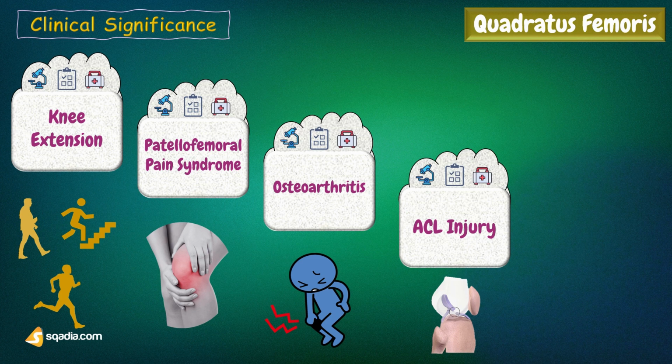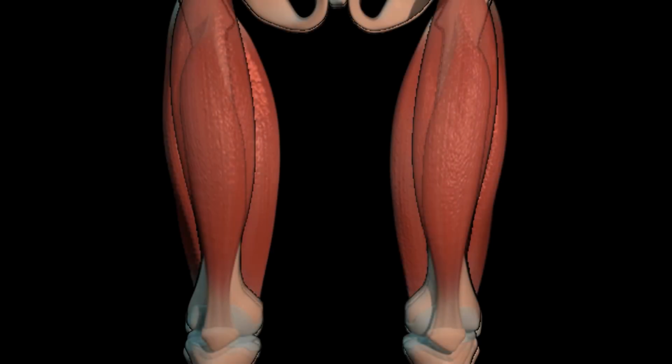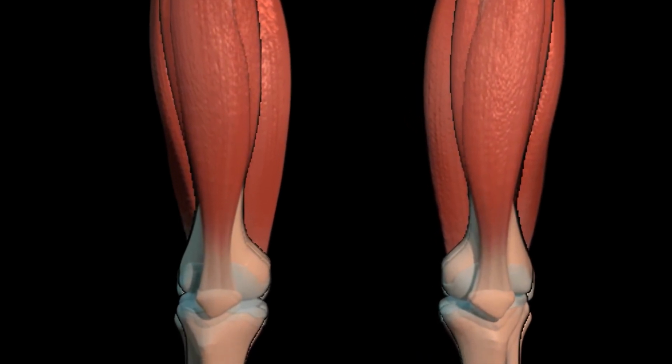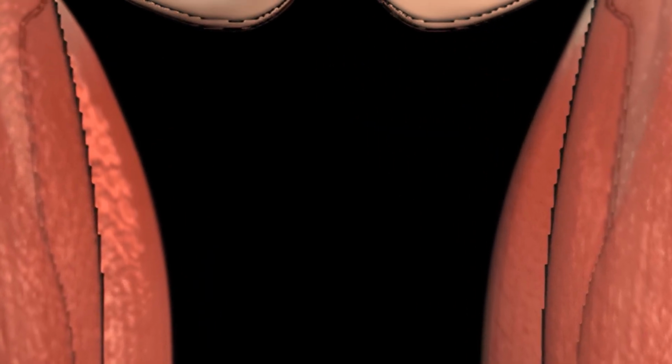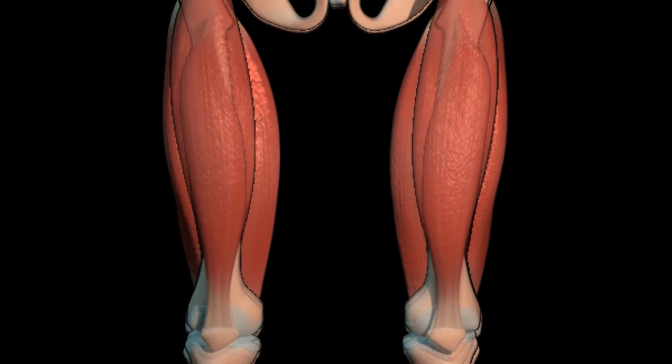Quadriceps muscle weakness is a risk factor for anterior cruciate ligament, ACL, injury, which is a common knee injury among athletes. Falls prevention. Quadriceps muscle strength is important for maintaining balance and preventing falls in older adults. Overall, the quadriceps muscle plays an important role in knee function, and weakness or injury to the muscle can have significant consequences on both function and pain.